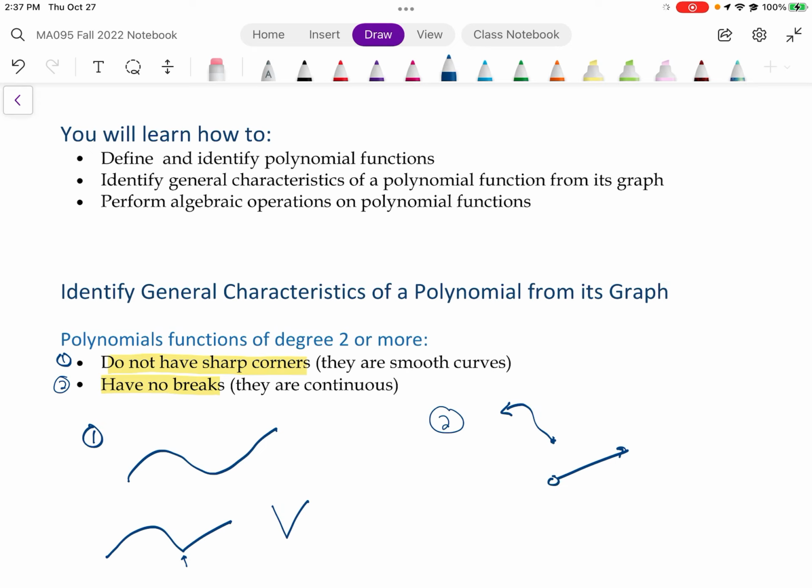So it can't have any breaks like that. It must be continuous. Okay, so like that right there. Has to be continuous. So that is a polynomial function. So if it's smooth curves and continuous all the way through and doesn't have any breaks anywhere, so something like this, and then it stops and it goes on like that, that is not a polynomial function.